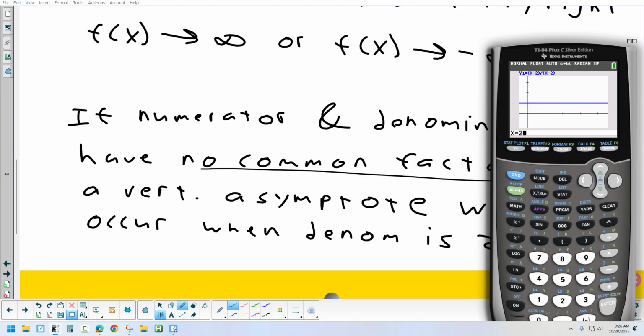But if I trace to 2, it's definitely not giving me a y value. The y value is blank because it can't give me one. For different values, it's giving me the y. Let's zoom in again and see if we can see anything. Maybe we will, maybe not.